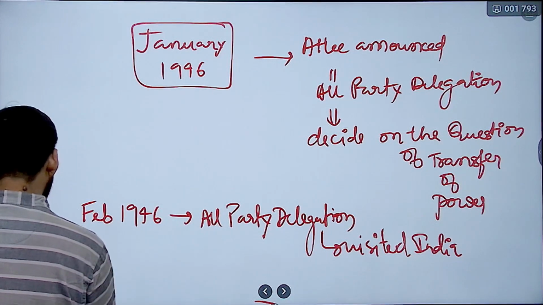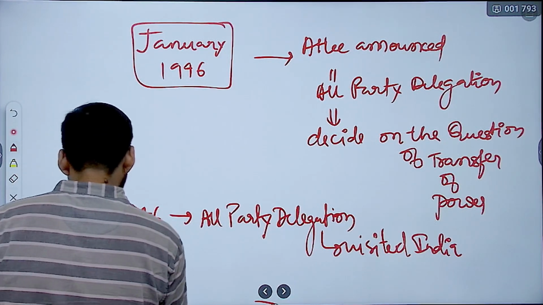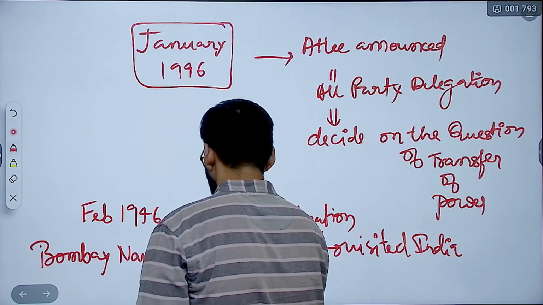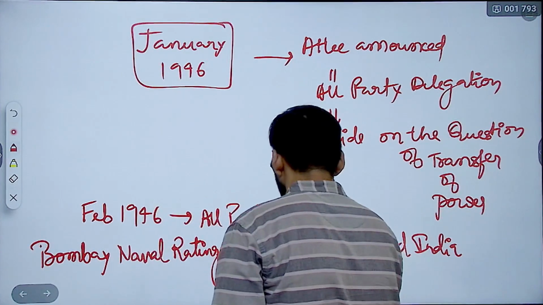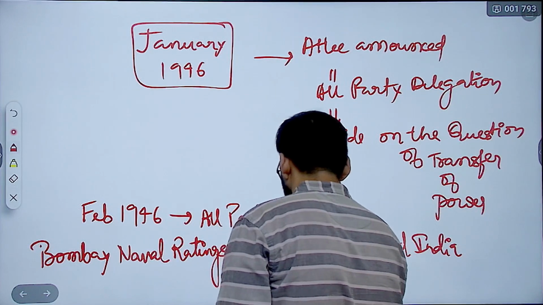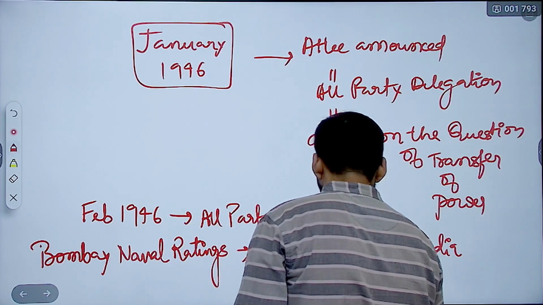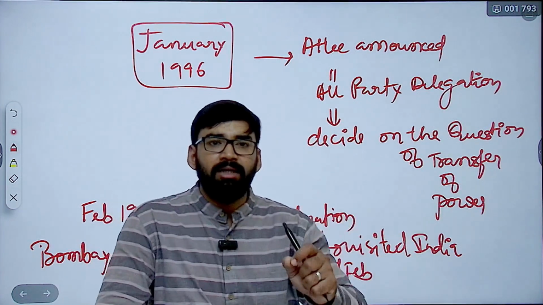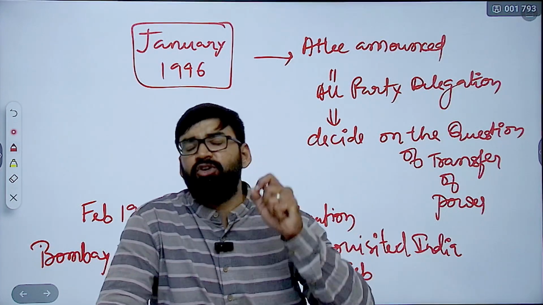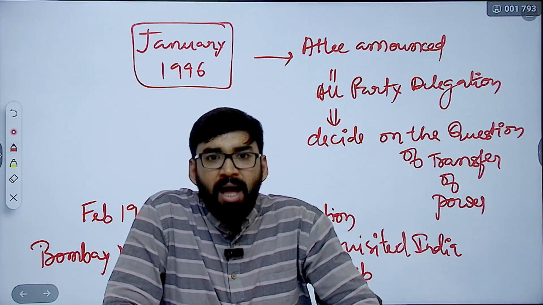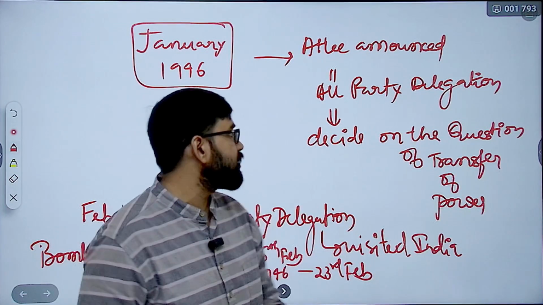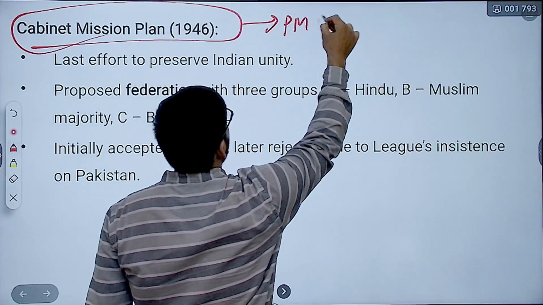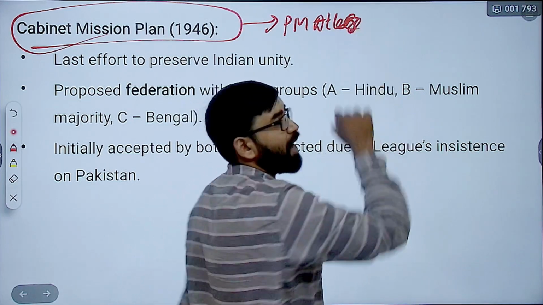It was from 18th Feb 1946 to 23rd Feb. And finally, this is considered as the last act of protest in the freedom struggle. And then in March 1946, Prime Minister Attlee announced for cabinet mission.